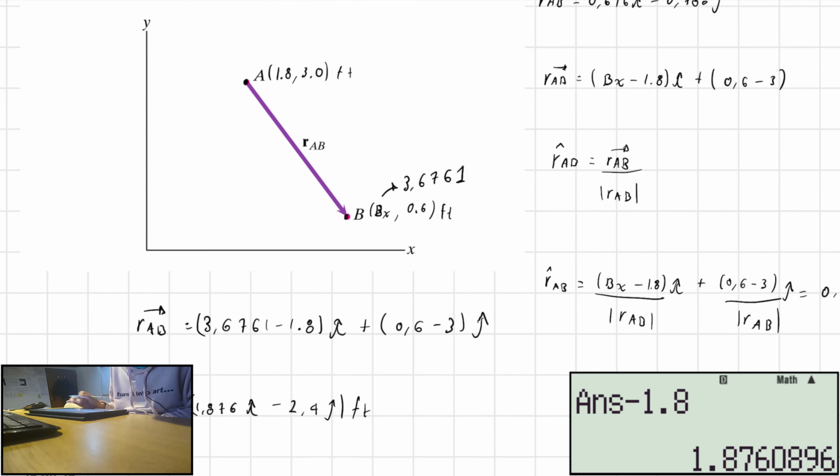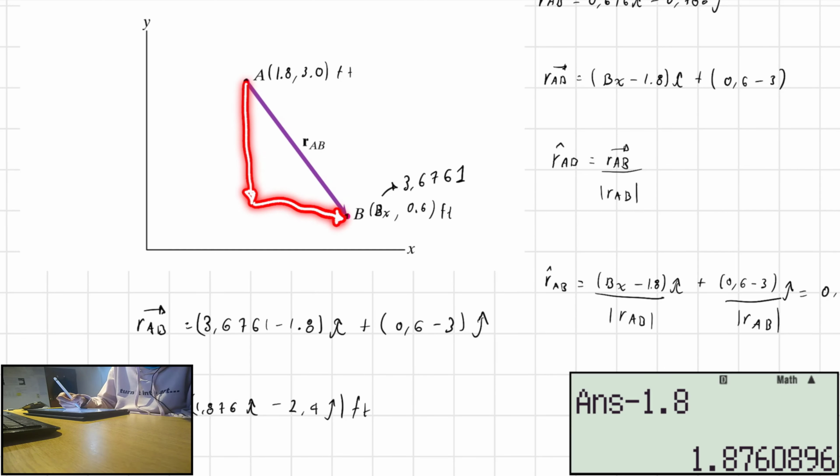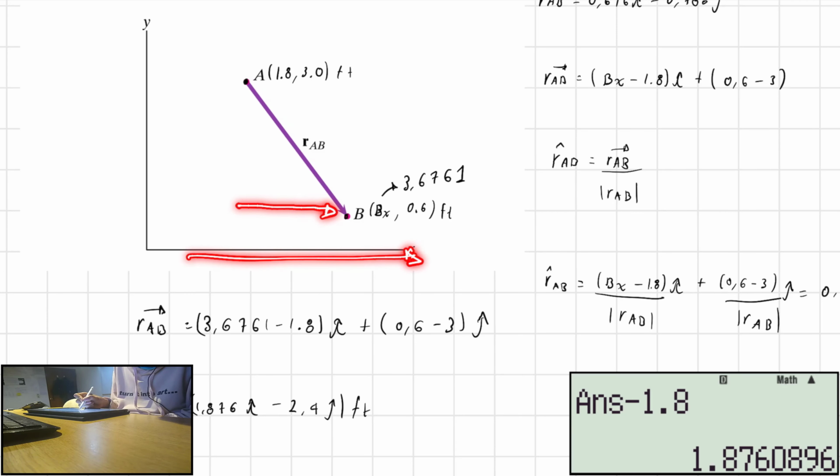Remember, this final answer should be reasonable. As you can see, this vector is divided into two other vectors, which are the components. The x component, which is directly related to the I direction, should be positive because it is toward the same direction as the positive numbers for x, right?